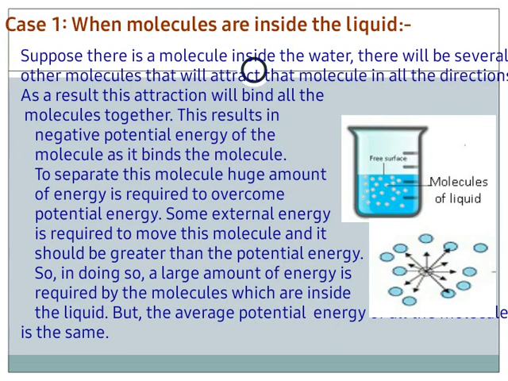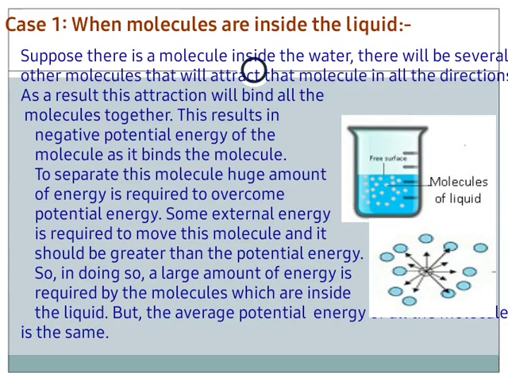This results in negative potential energy of the molecule as it binds with all other molecules. It depends on the number and distribution of molecules around the considered one. To separate this molecule, a huge amount of energy is required to overcome this potential energy.